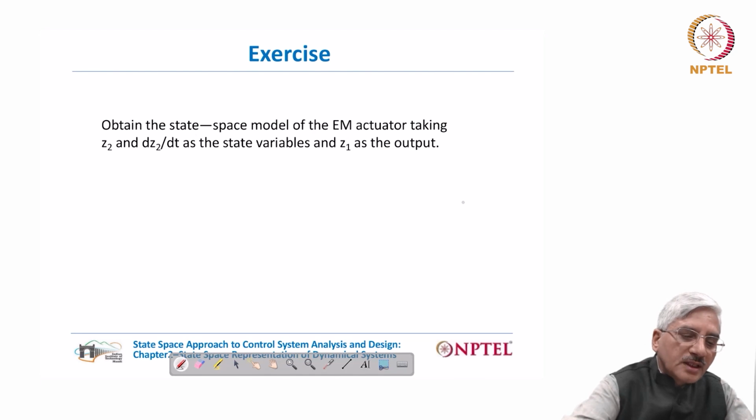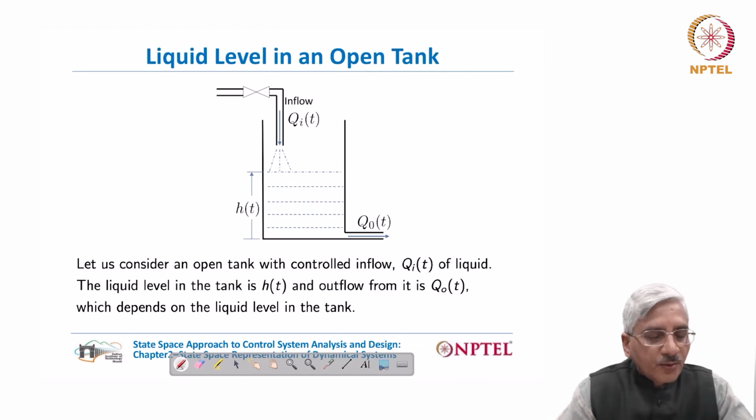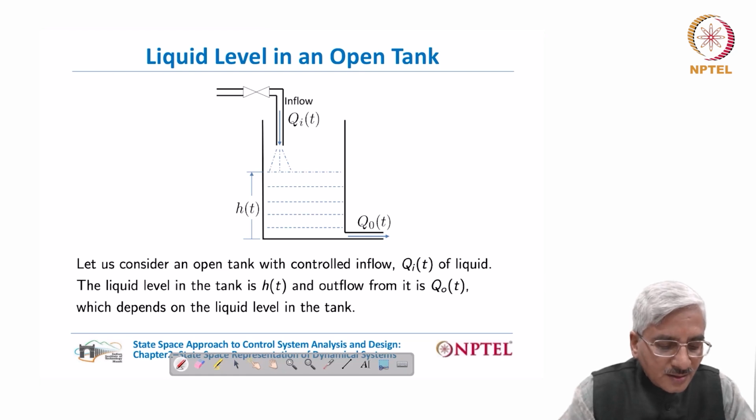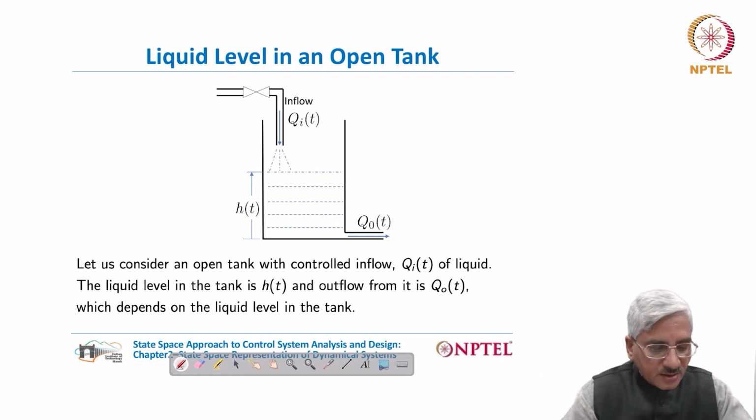We move to our next example, which is modeling of liquid level variations in an open tank. It is shown schematically here. We have a tank of uniform cross-sectional area. In that we have inflow coming as Qi and outflow going from it as Qo, and the instantaneous level is Ht.